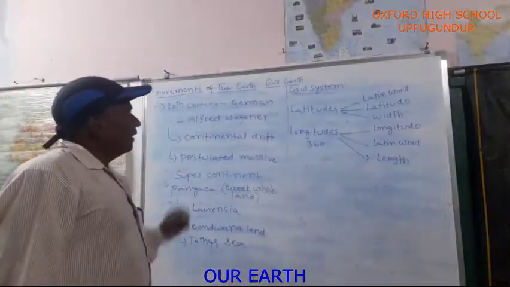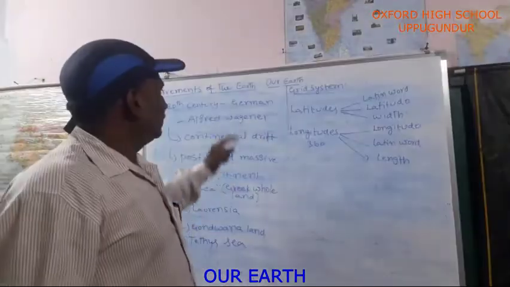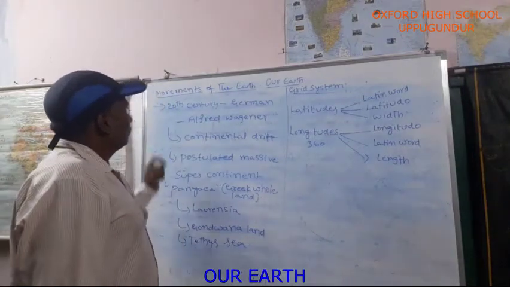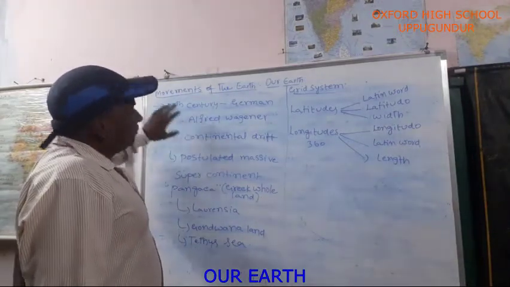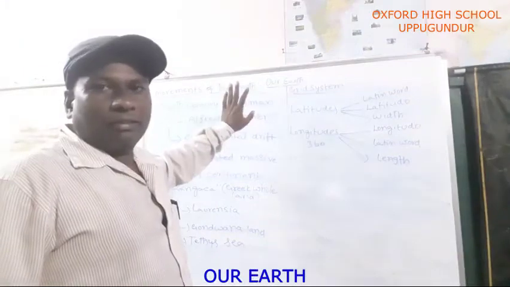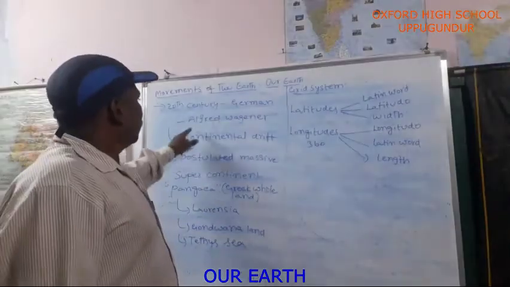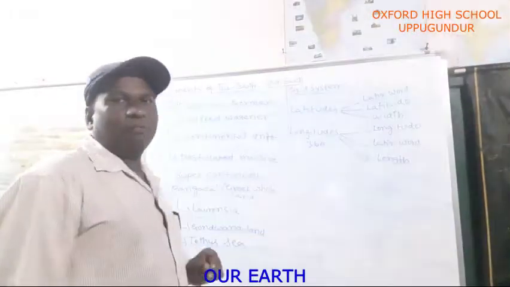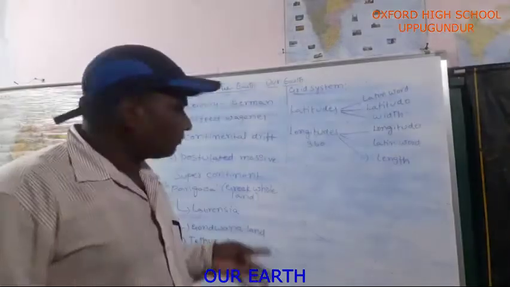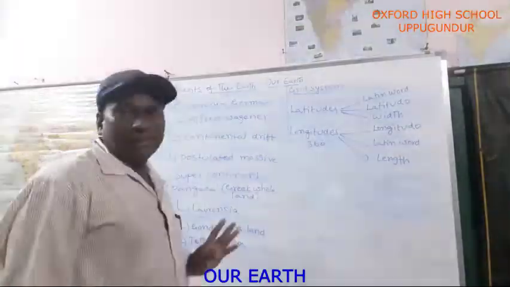Here see, in the 20th century, the German geophysicist and meteorologist, a great geographer, Alfred Wegener, postulated one theory. Which theory? Continental drift theory.